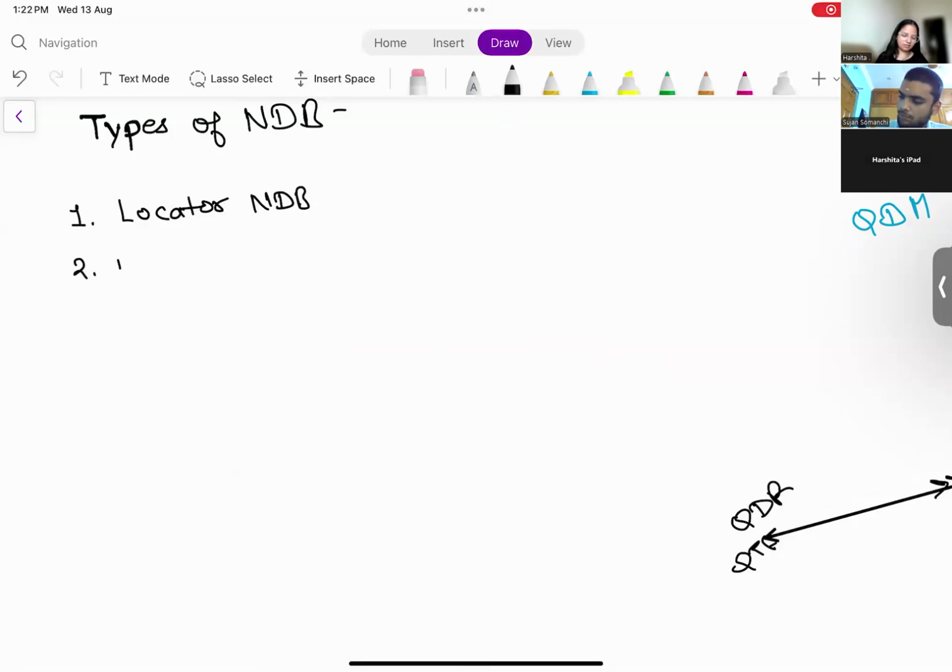Second type is the homing or holding NDB. Third type is the en route NDB. Correct?